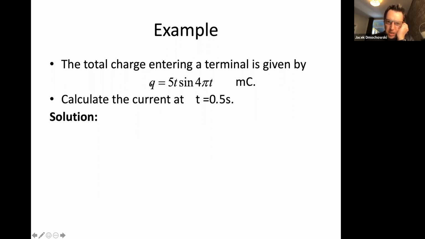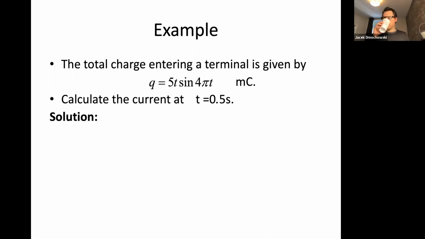So we know what the equation is between Q and I. Current is I, charge is Q. What do I have to do to this function to convert it from charge to current? You have to differentiate. That's right. And what rule in calculus do I need to use to differentiate this function? The product rule.